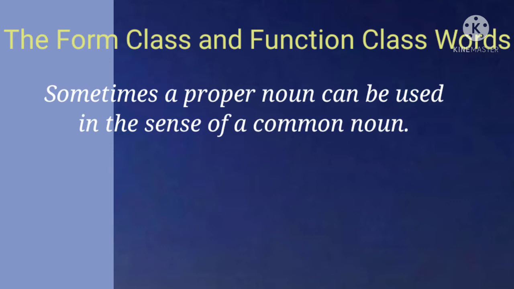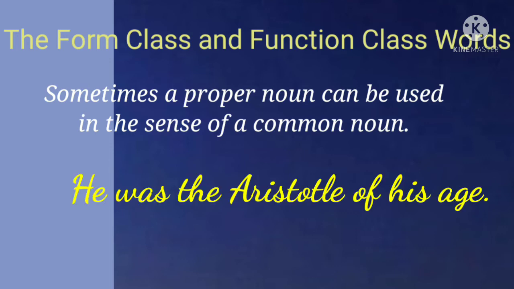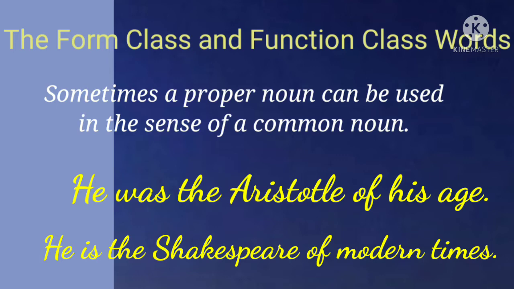That is done for the sake of emphasis. For example, instead of saying he was the wisest man of his age, we may say he was the Aristotle of his age, or he is the Shakespeare of modern times. In such cases, you have to use the definite article the before them. It is used for better emphasis.